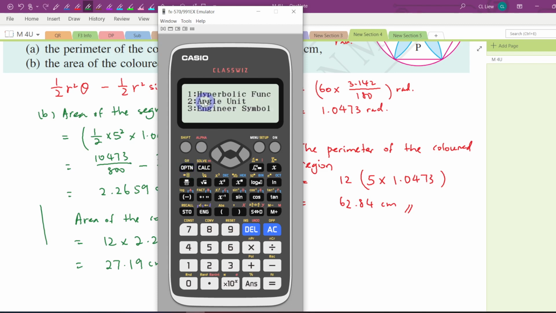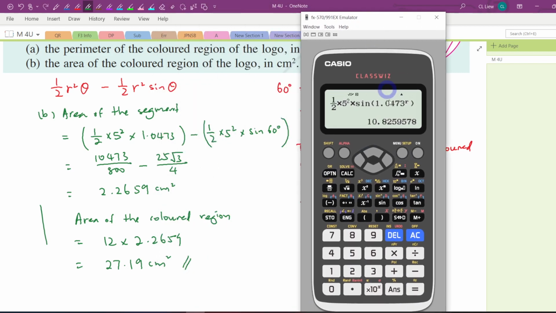Press option, angle unit, radian, then equal. You will get a very close answer, not exactly the same, but slightly different is okay. So if you want to use radians, you need to remember to set the radian mode.